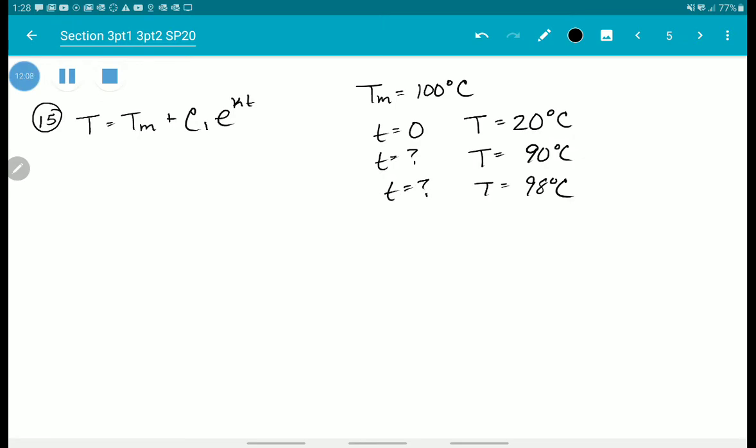We also know one other piece of information, that it takes 1 second to increase 2 degrees. So that gives us some more information that we can use. We know in the beginning that temperature was 20 degrees. We know after 1 second of that thermometer being dropped in this water, the temperature has increased 2 degrees, which is 22 degrees Celsius.